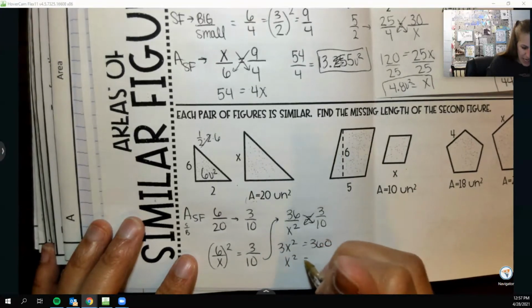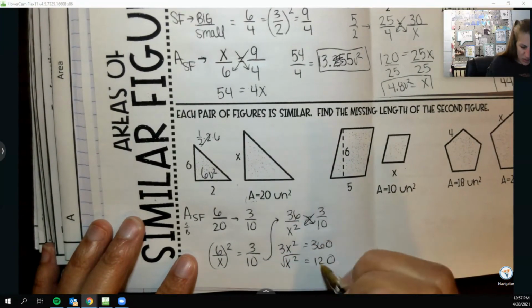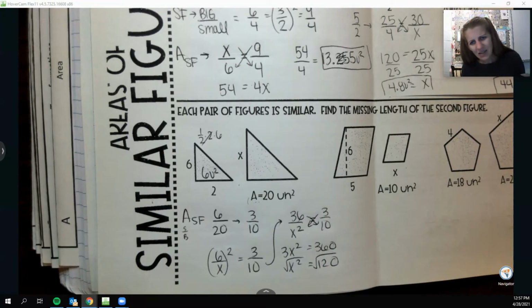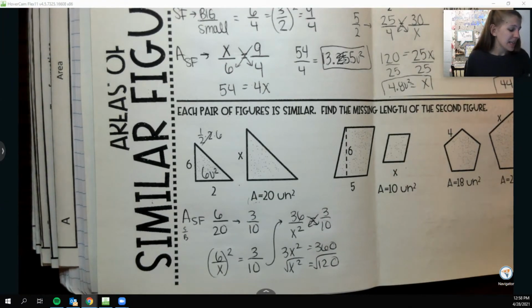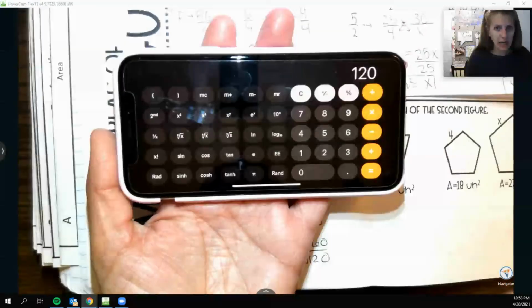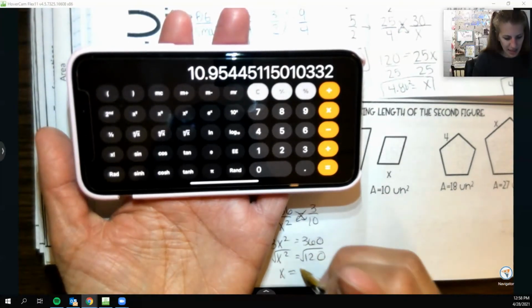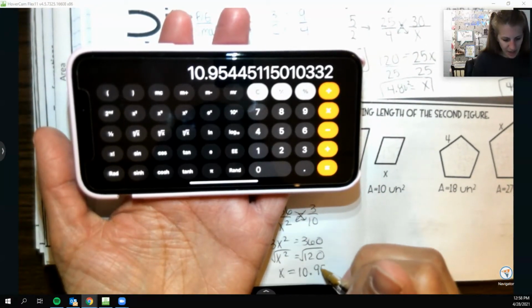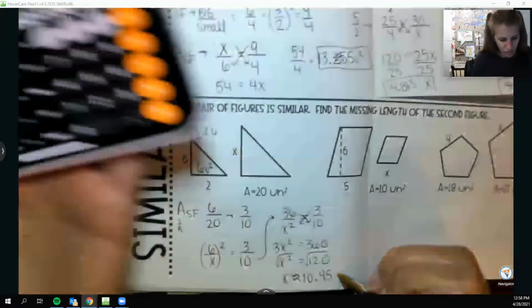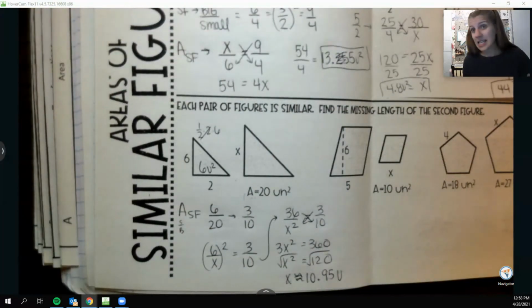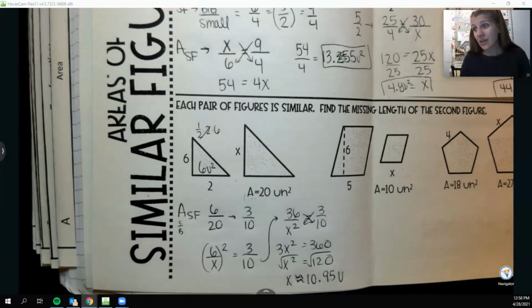Divide by 3, so 120, and then square root it. And that was a little bit easier than square rooting the 3 and the 10. I still have to square root 120, but at least I'm only square rooting one number rather than 2. So if I take 120 and square root it, we get 10.95-ish units because we're finding the side length. So that's a different way to do it. That's fun and different.